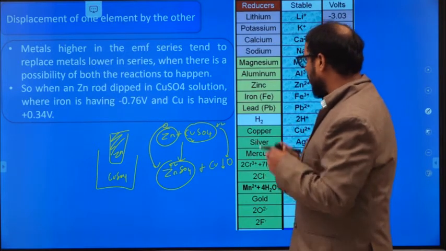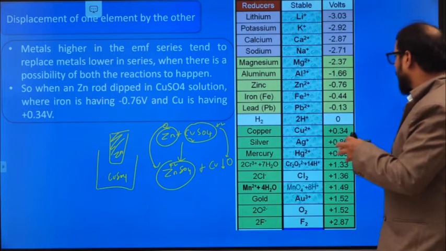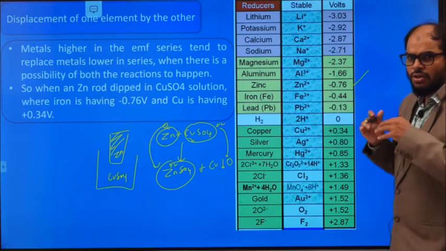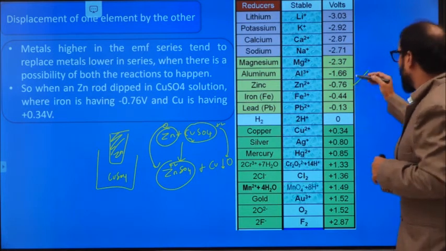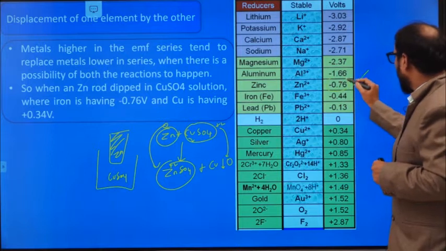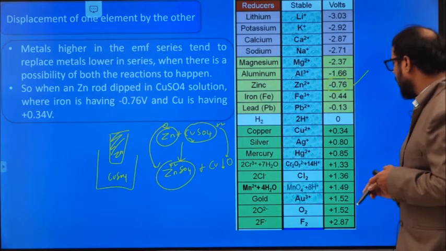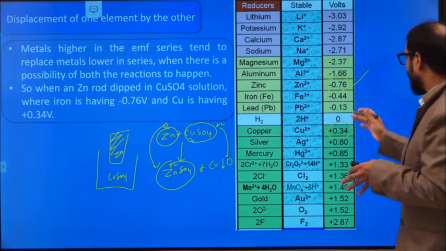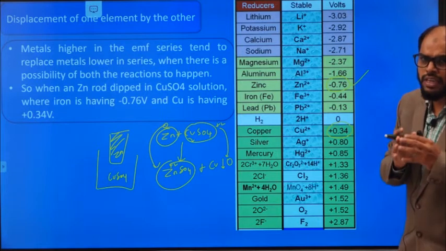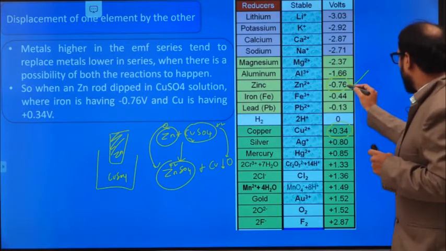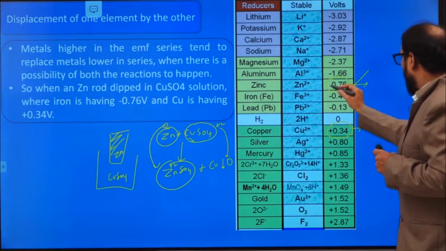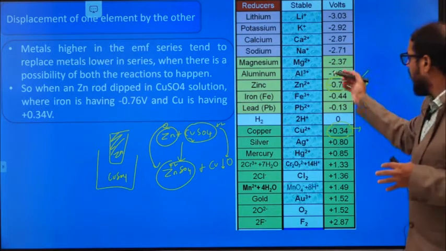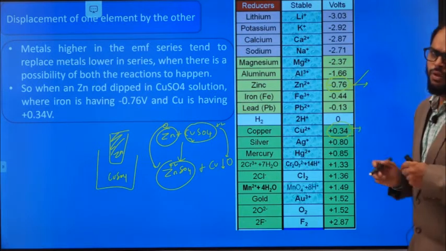From the electrochemical series, we can be very sure that zinc has a higher tendency to undergo oxidation, with a negative value, and copper has more tendency to undergo reduction, with a positive value. So this displacement reaction will work out very easily because the values speak for themselves. A more negative value means they can displace the elements below them in the electrochemical series.